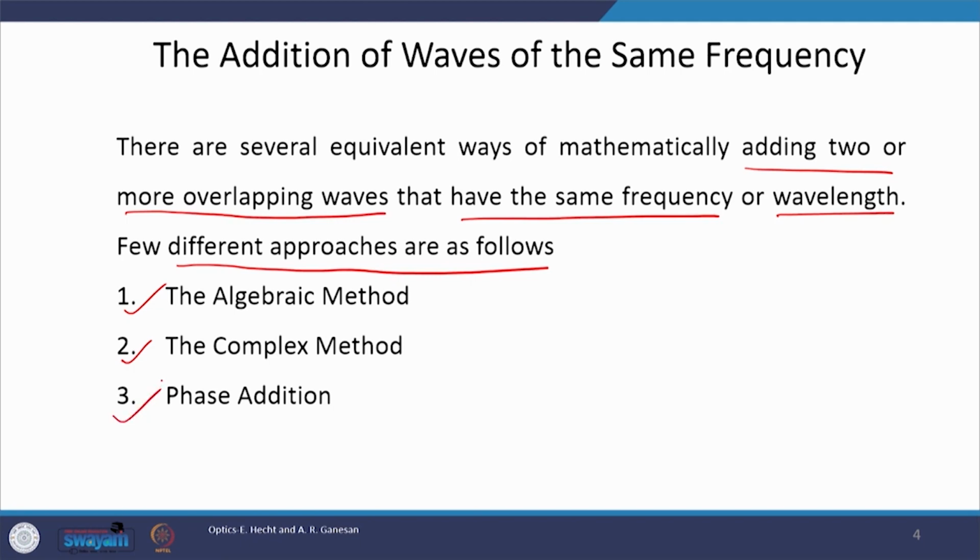And third is the phasor representation, or phasor addition, where we represent the wave in a vector form and add them vectorially, and the resultant will give you the final addition. Out of these three methods, we will talk about only the algebraic method. They are equivalent methods, therefore we will pick one of the three.